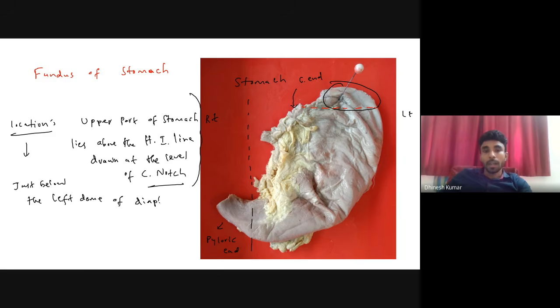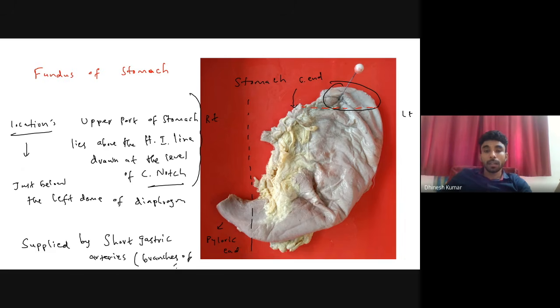Fine. And most of the time, the subquestion will be, what is the arterial supply for the pinned area? I hope you know the fundus of stomach is supplied by what? Short gastric arteries. The fundus of stomach is supplied by short gastric arteries, which are branches of splenic artery.